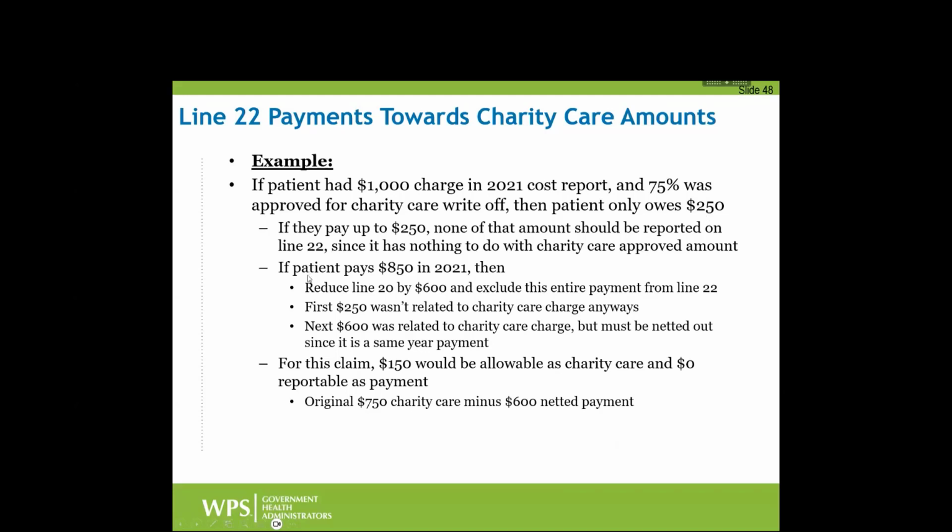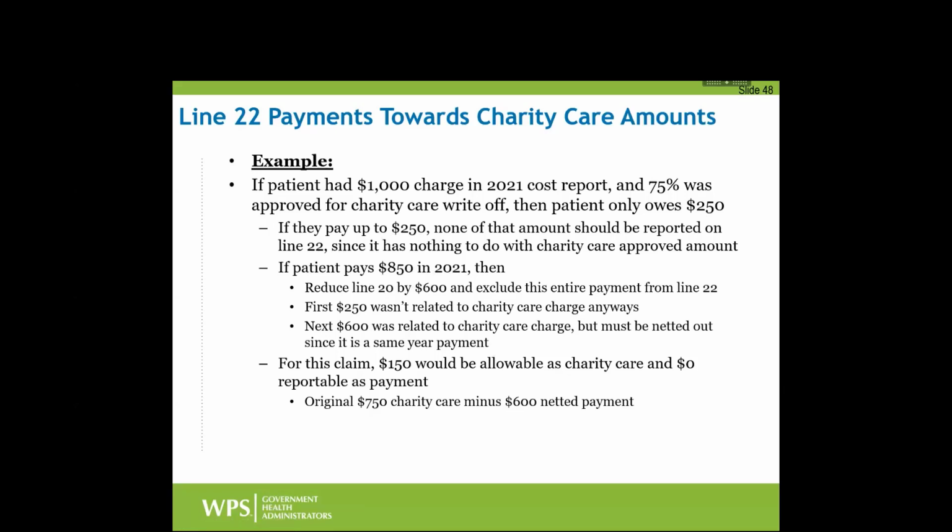If the patient paid more than $250, let's say they paid $850 in 2021, the first 250 of it is not charity care, so we're not concerned with it. The next 600 was technically against a charity care amount, but it's the same year, so we would remove both the charity care of 600 and we would exclude the payment from line 22, and it would be a wash to zero.